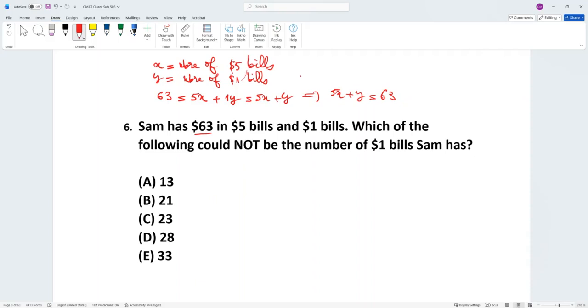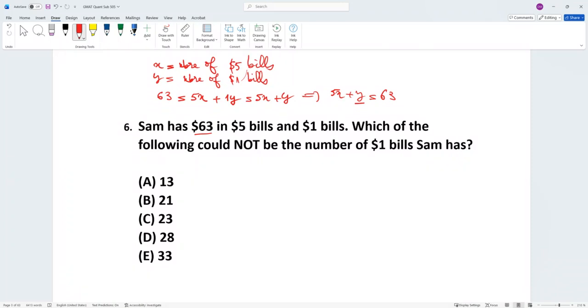And what they want us to find is which of the following could not be the number of $1 bills. Okay, which of these answer choices cannot be the value of Y?